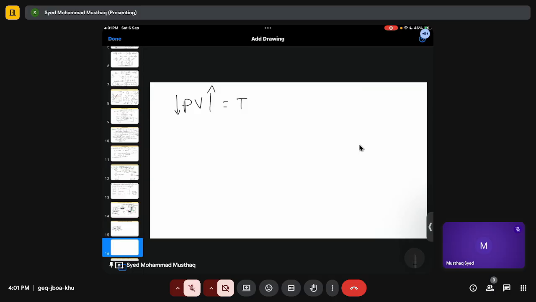To balance this, we must decrease the temperature, because V1 upon T1 equals a constant. Because V1 is increasing so much and pressure is not changing that much, T1 should decrease. Only then can you cancel out and it will become a constant again.